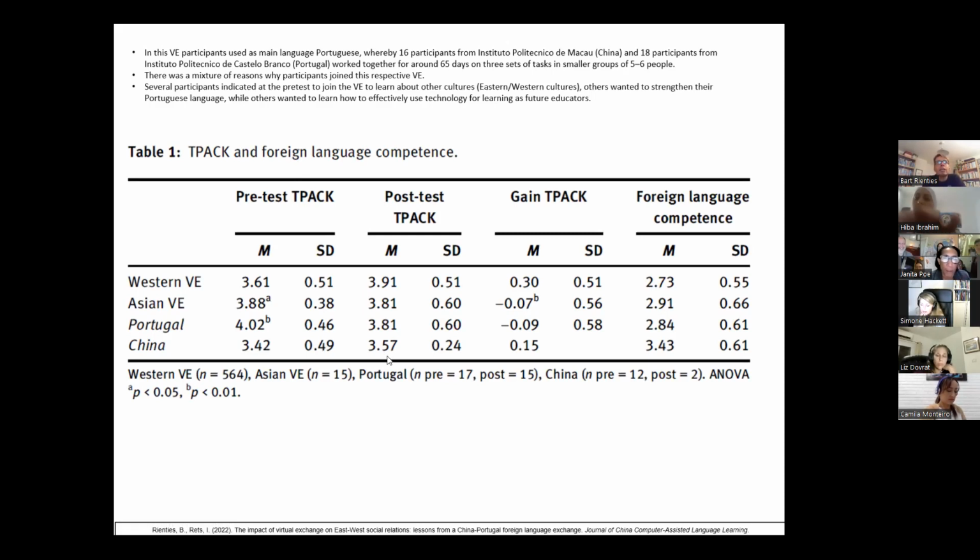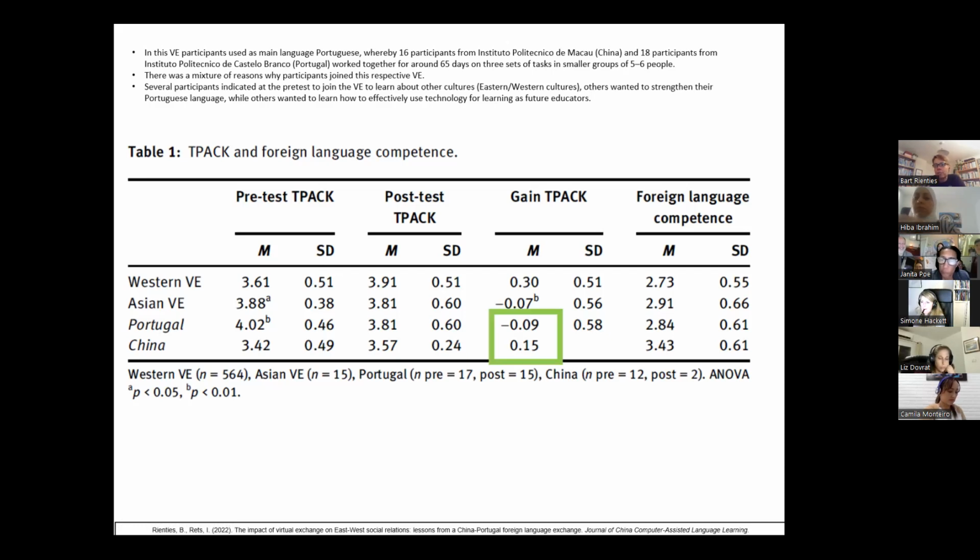And in this particular virtual exchange, we found that Portuguese students had a negative gain, and the Chinese students had a positive gain. So we're really interested, okay, why is it that Portuguese students have a negative gain and Chinese students in this particular case have a positive gain?